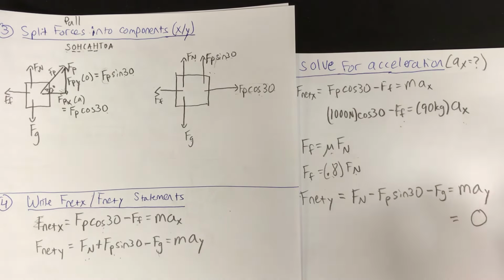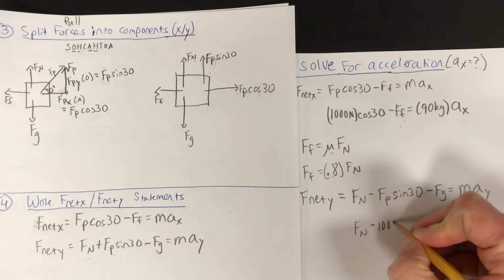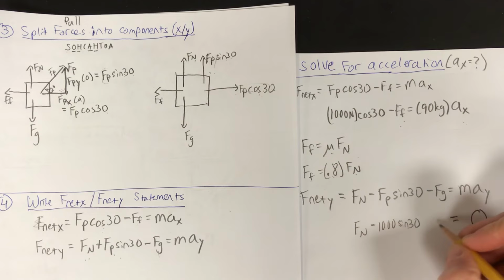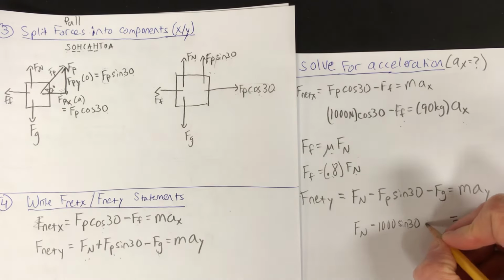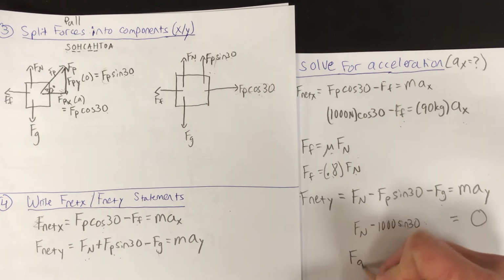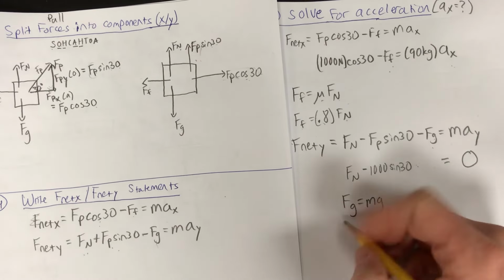So let's plug in and solve for Fn. We can do 1,000 for the pull, sine 30. Don't forget that Fn and Fg are not balanced this time. Don't forget the Fp sine 30 in this statement. But we need to know what Fg is. That's pretty simple to figure out: mass times gravity.